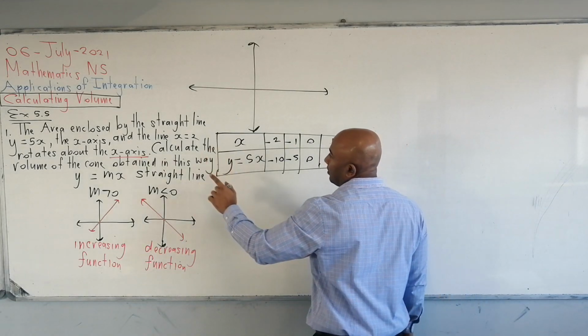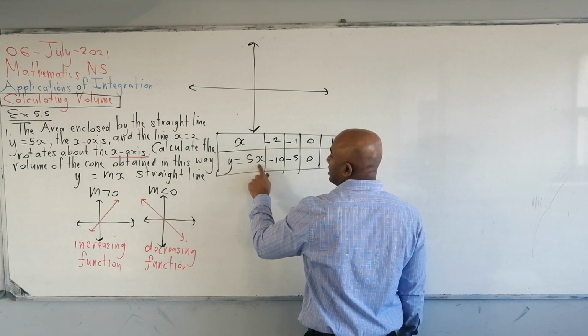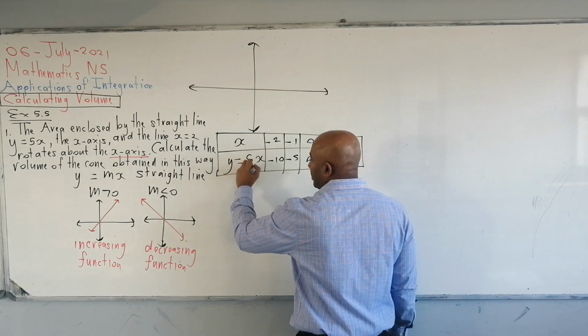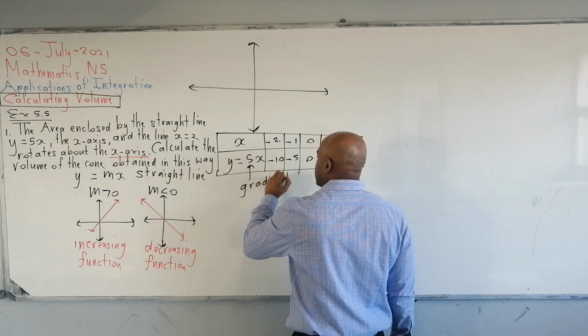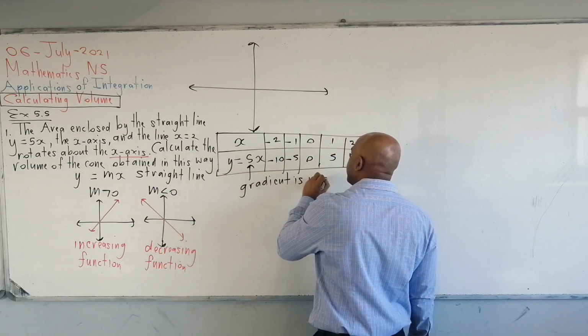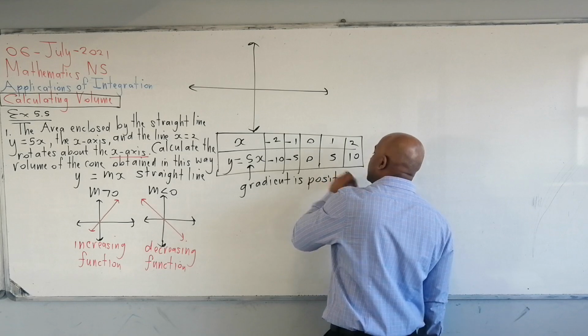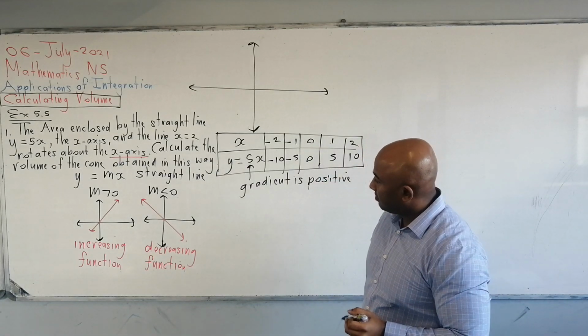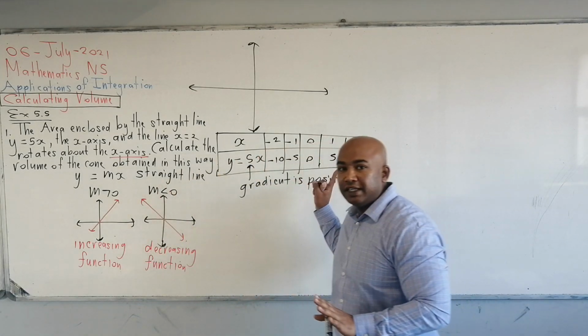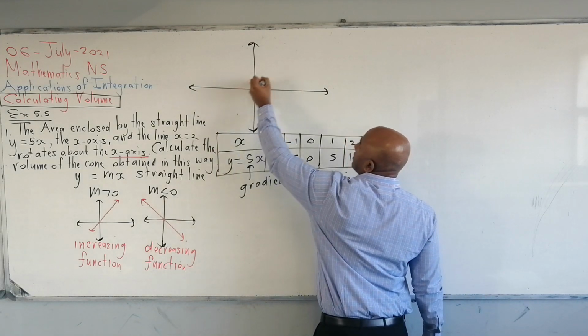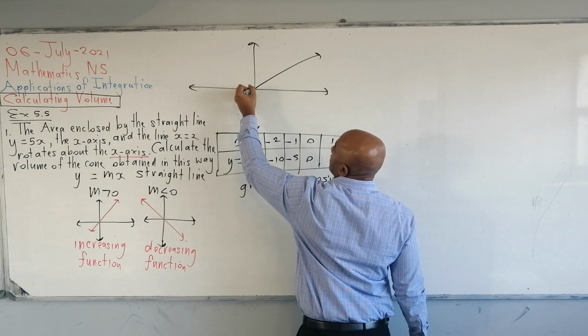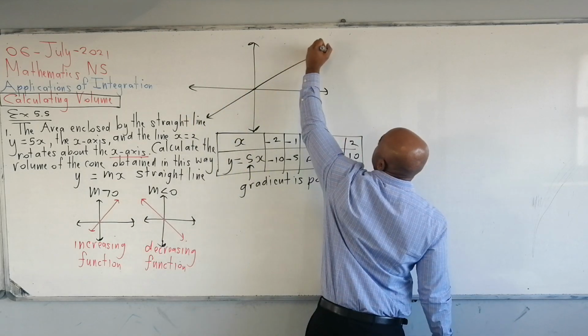So you know now we are dealing with y is equal to 5x. So here your gradient is positive. So without any table, you should know exactly how to look. So here is my graph y is equal to 5x.